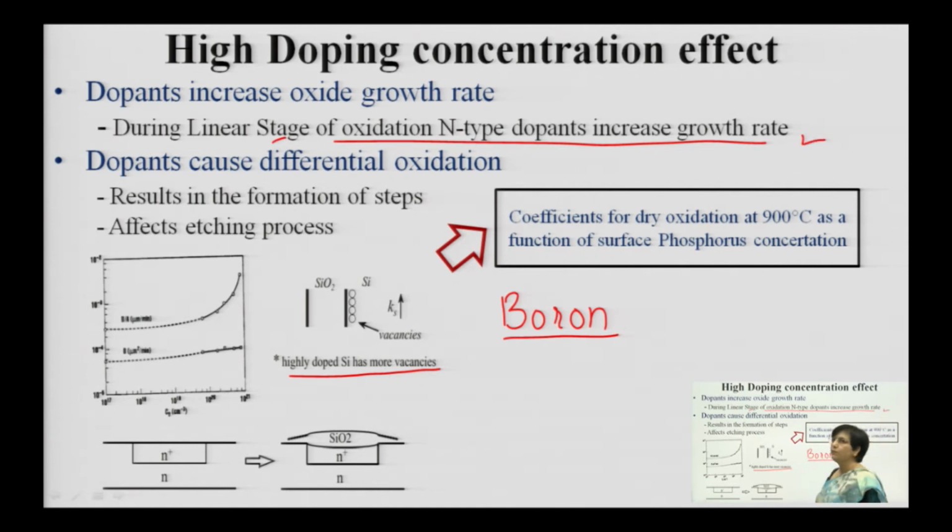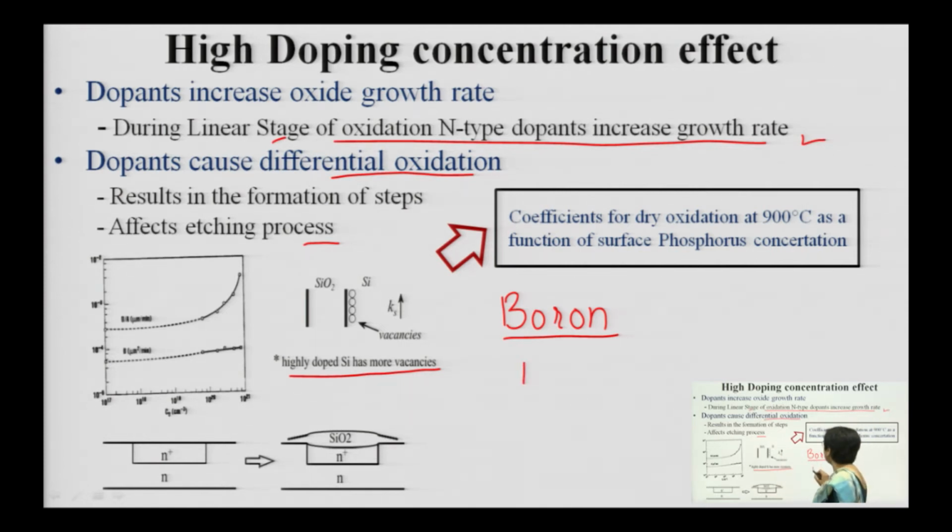Why? Because you have more reactive ions, or more vacancies or interstitials getting created because of these impurities being added. Apart from it, there is differential oxidation, because different dopants have different impact.